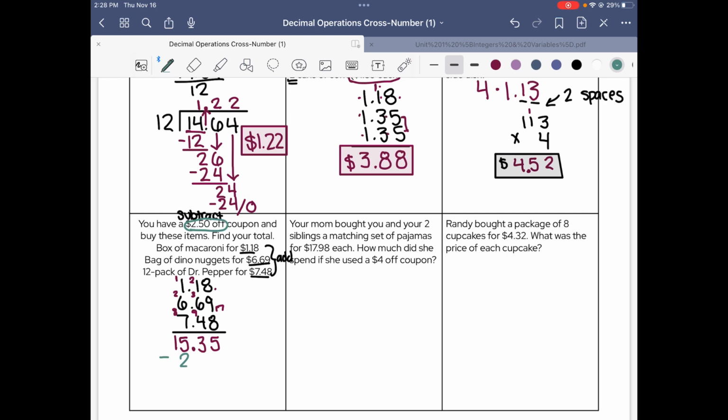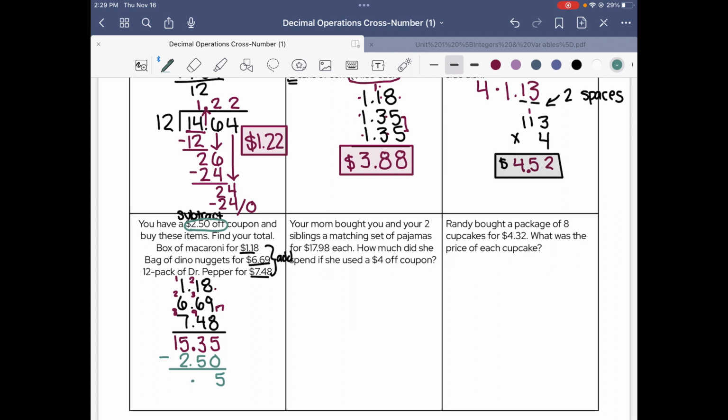So now we get to subtract 2.50. Notice how my decimal point still lines up right there. And I'm going to subtract instead of add. 5 minus 0 is 5.